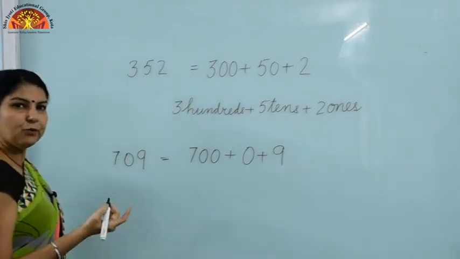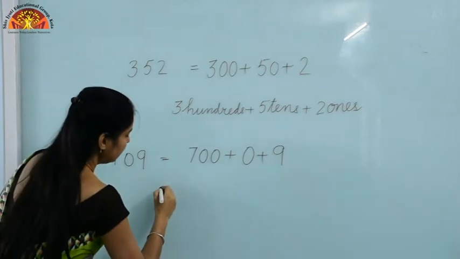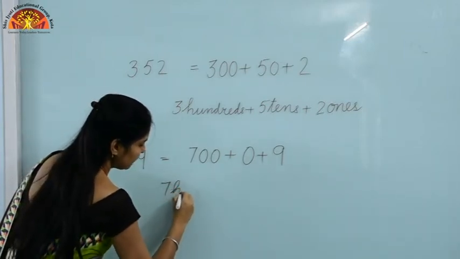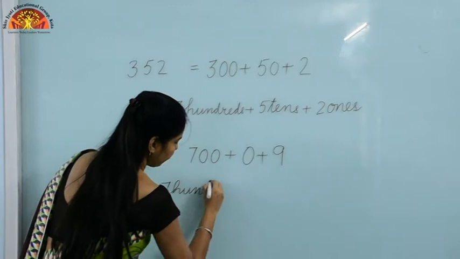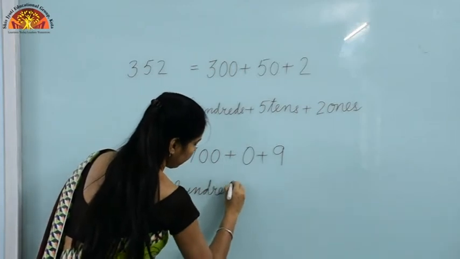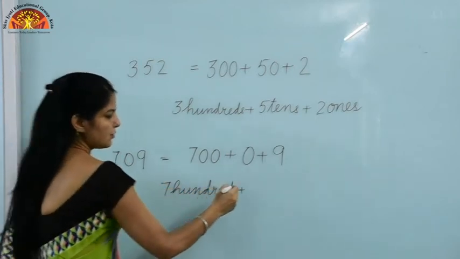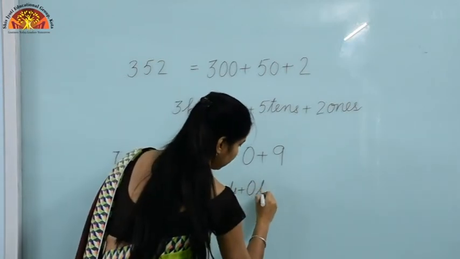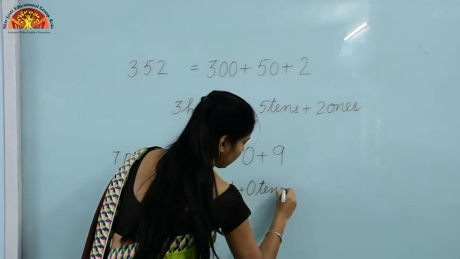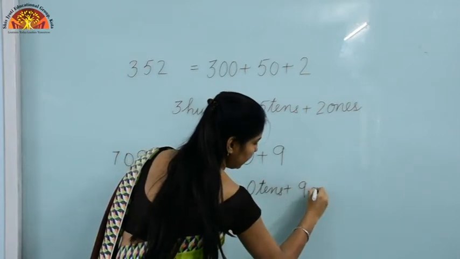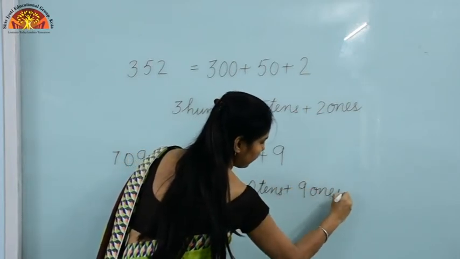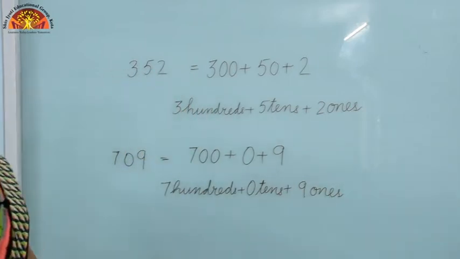In another way, how can we write? We can write 700. How many tens? No tens. 0 tens and 9 ones. I hope you have understood.